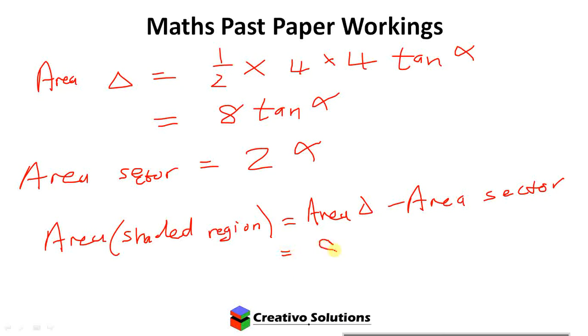Yes, the final answer is this: 8 tan alpha minus 2 alpha. That's it. That's as far as you can go. You can't simplify that any further. Tan is tan. You could write tan as sine over cos. It would have been fine. They didn't say in terms of cos or in terms of sine. They just said in terms of alpha.